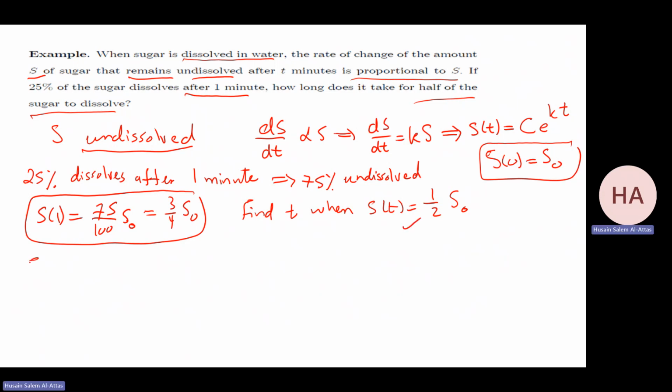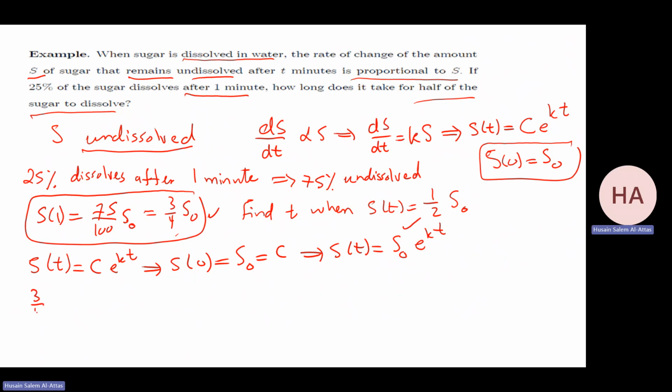So I start: S of t equals C e^(kt). For sure that gives me S of 0 equals S0 equals C. So my function is S of 0 e^(kt). Now use this information, 3 over 4 S of 0 will be S at 1, and that is S0 e^k.